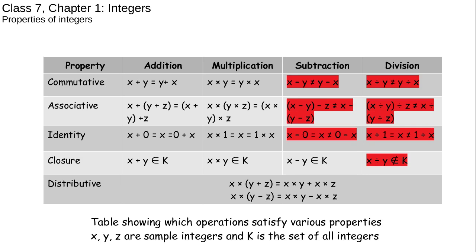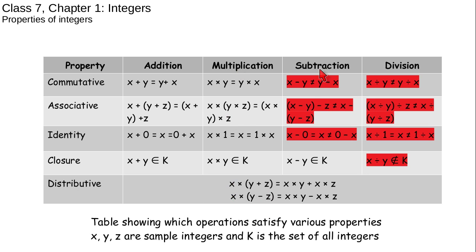To summarize, addition and multiplication satisfy the commutative, associative, identity and closure property. The identity integer for addition is 0 and the identity integer for multiplication is 1. Multiplication further also satisfies the distributive property over addition and subtraction.